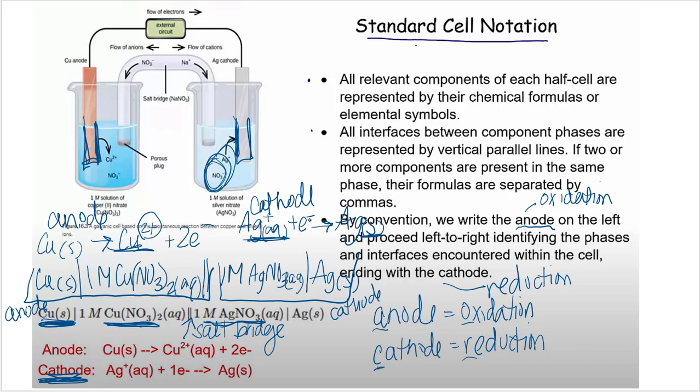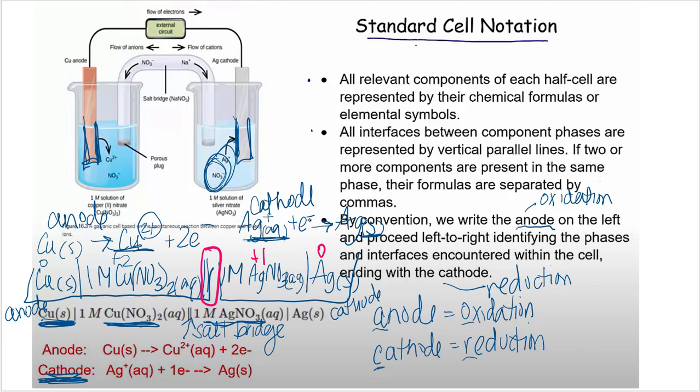And I want to emphasize, since anode is oxidation, copper metal going to copper ion, its oxidation order, we must show that oxidation. So we're going from 0 here to this +2. We have the salt bridge, the double line right here, and then we have the cathode, and we have reduction happening in the cathode. We have Ag+1 going to Ag0, which is elemental silver.